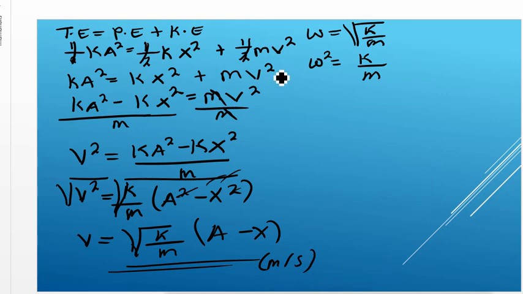Now since we know that omega is equal to the square root of k over m, we can replace it with omega. Therefore you can take note of this formula, formula 1. But in case maybe you have been given omega instead of the spring constant and the mass, you can simply use this formula.